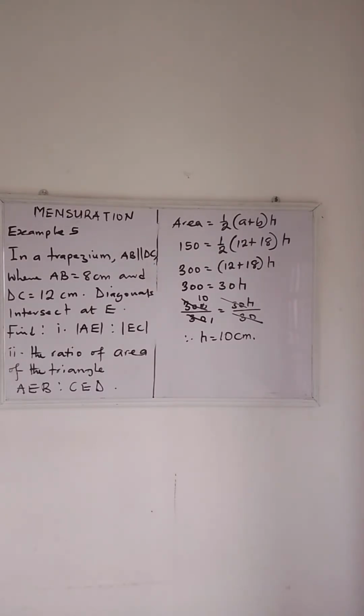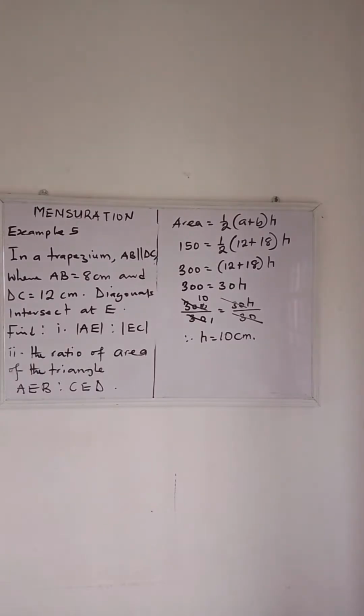Diagonals intersect at E. You know, we have two diagonals there, intersect at E. So the question now asks you to find Roman numeral 1, the ratio of length AE to length EC, and the ratio of the area AEB to CED. So that's the question. Anybody? Okay.